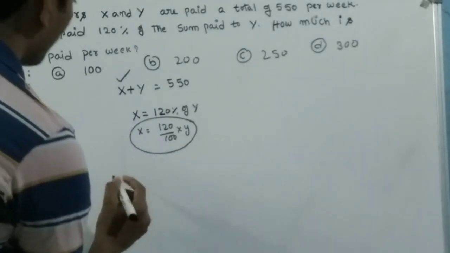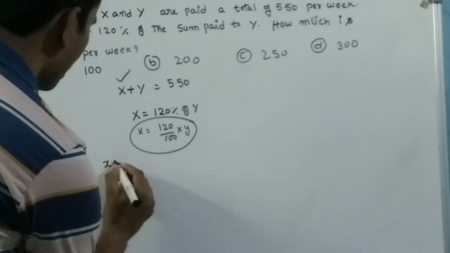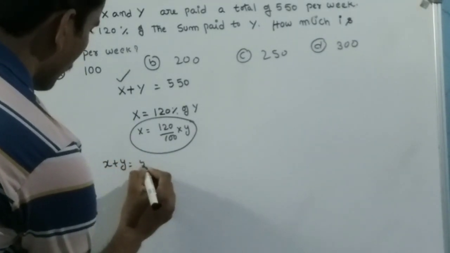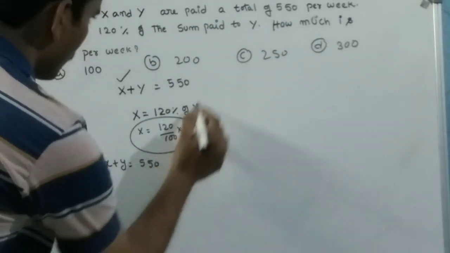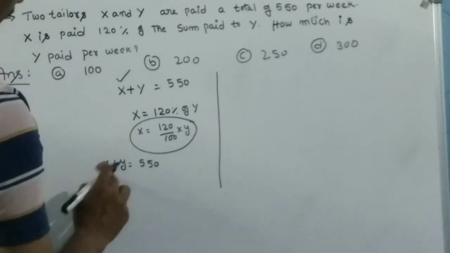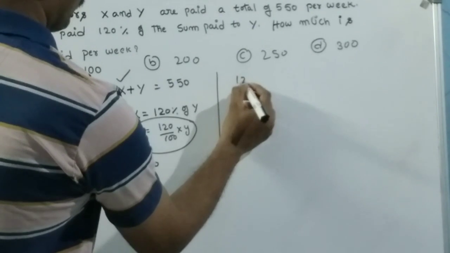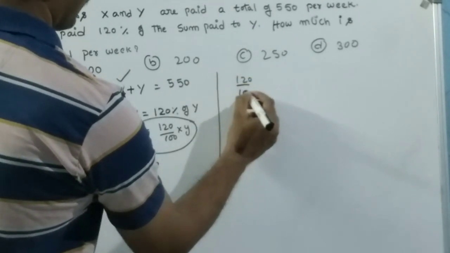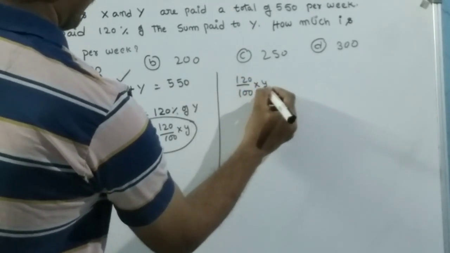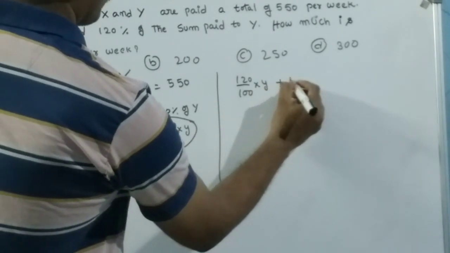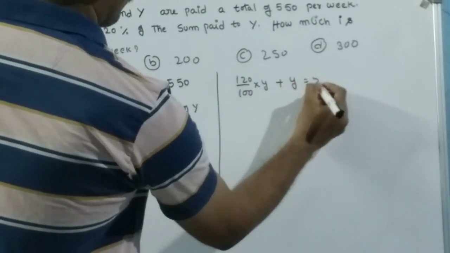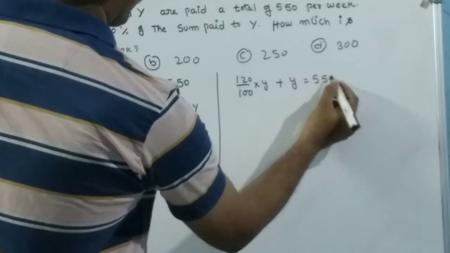Then X plus Y equal to 550. Then X equal to 120 by 100 into Y, plus Y equal to 550.